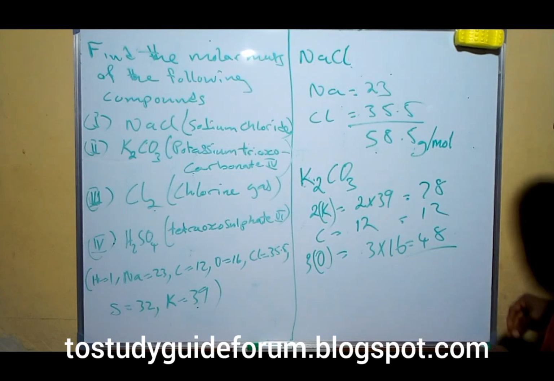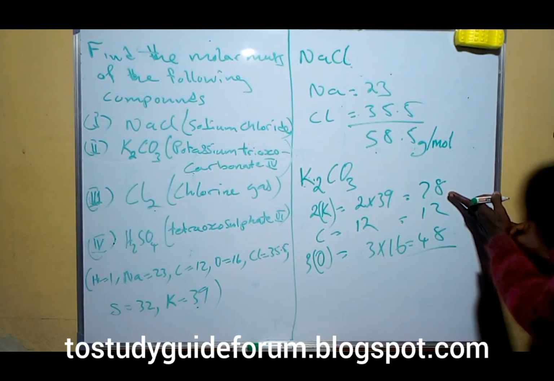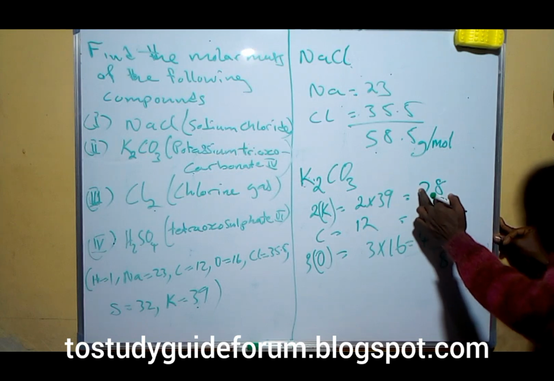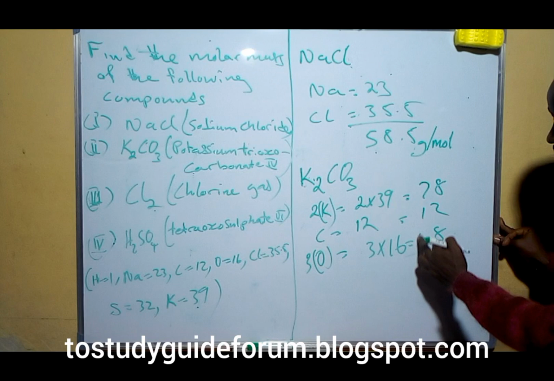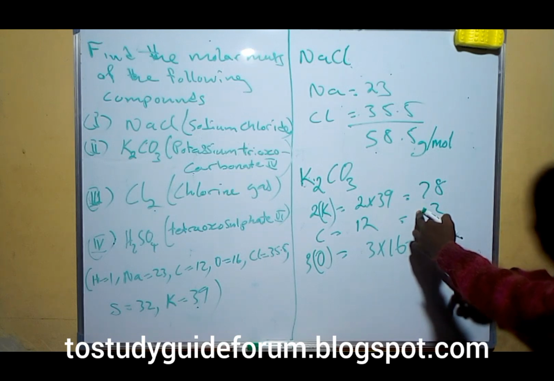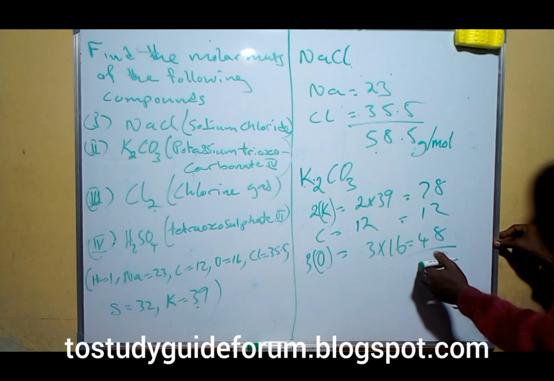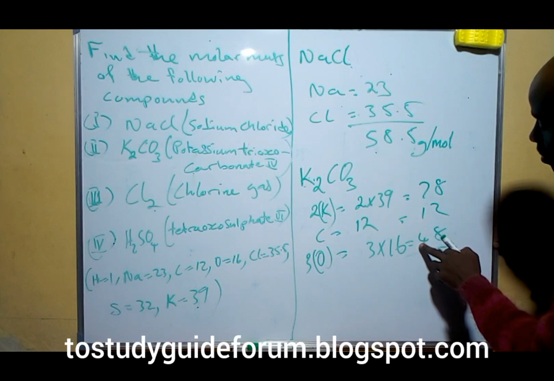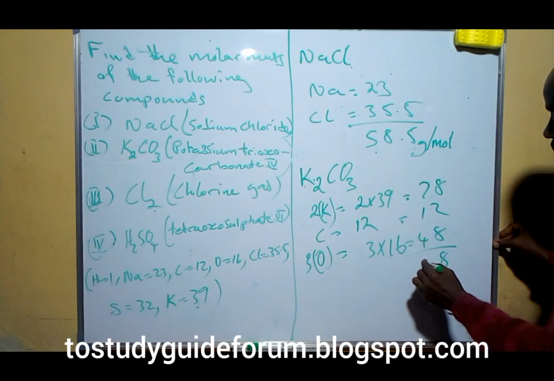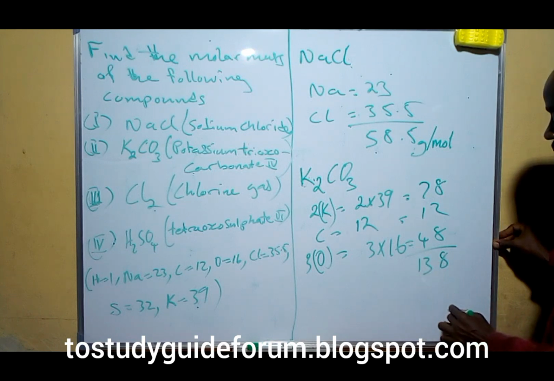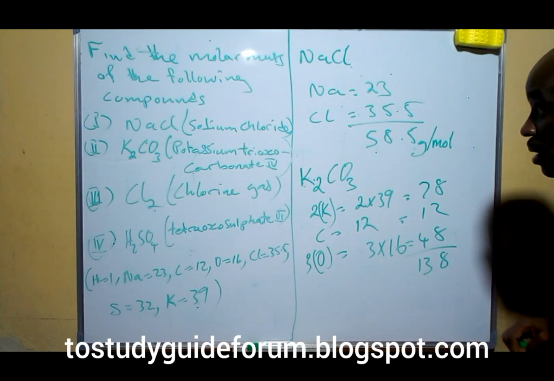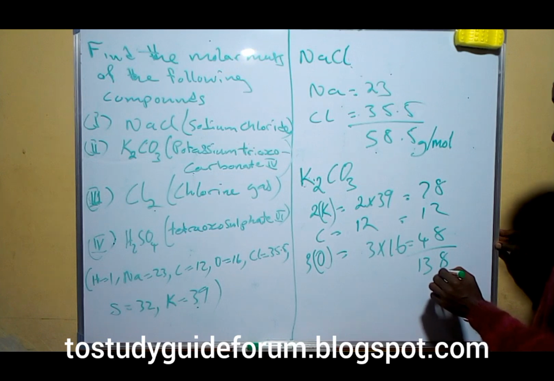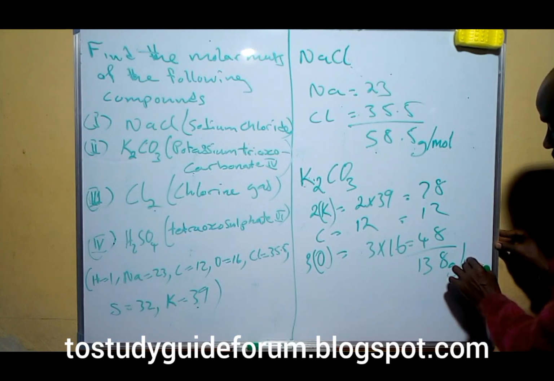So when we add it up, this will give us 78 plus 12 plus the other one, we have 138. That means the molar mass of potassium trioxocarbonate 4 is this, gram per mole.